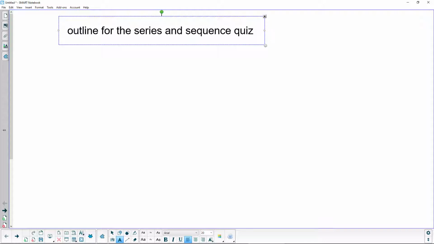Okay, so the first question, and let me get my other outline notes up. Where are they? Right there. All right, so series and sequence, it's a define type question.